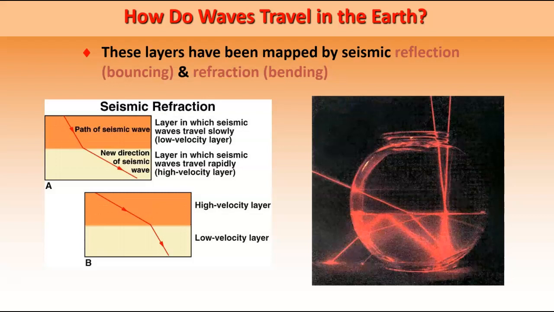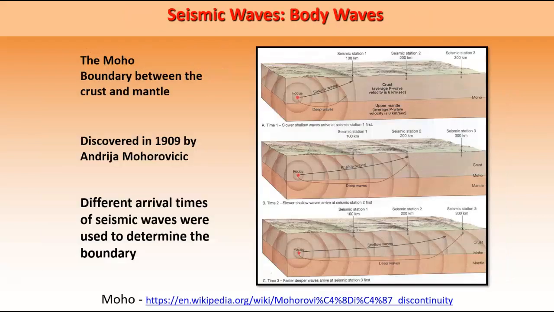A lot of this helps us figure out at what depth we have something different, like between the crust and the mantle, or even between the lithosphere and asthenosphere, because one's colder and more dense, so waves travel faster, and one's hotter and less dense, so waves travel a little slower. We can even pick up those types of boundaries, so not just compositional. One of the ways that we determined the crust-mantle boundary was through seismic waves.